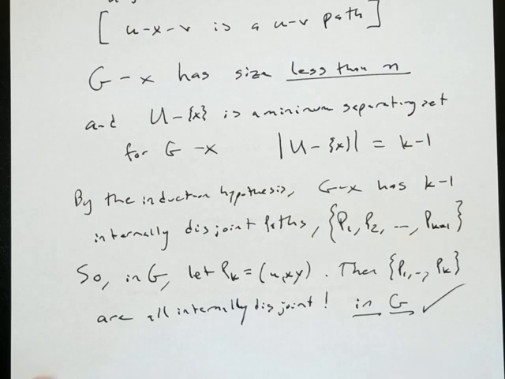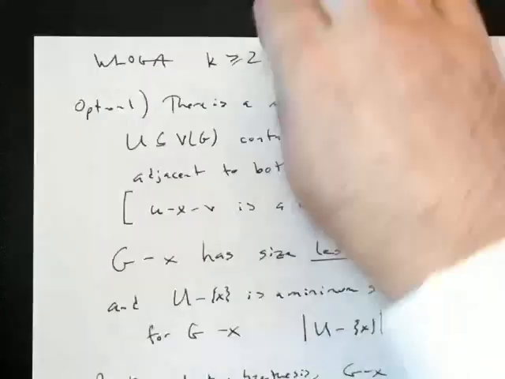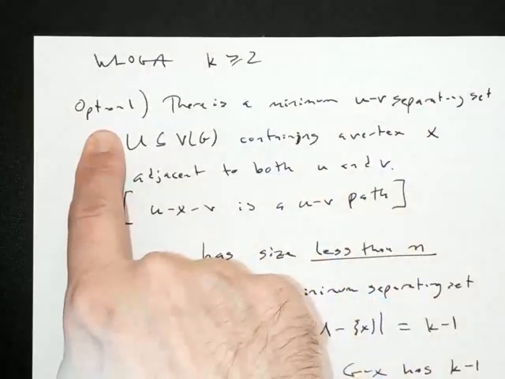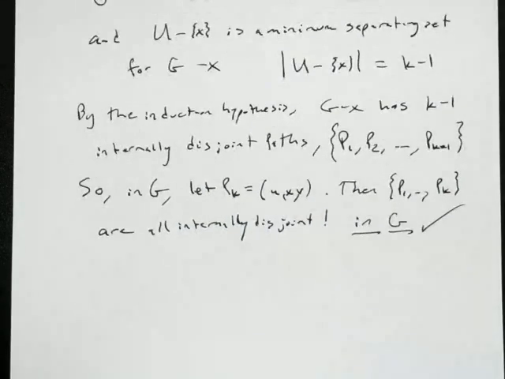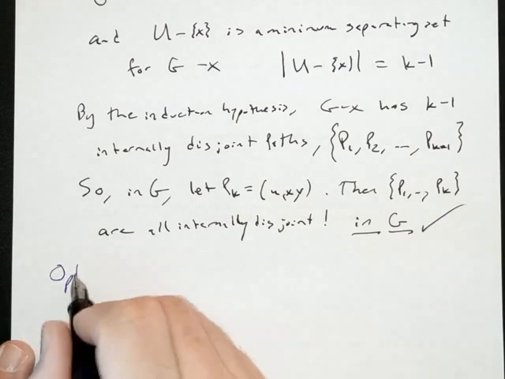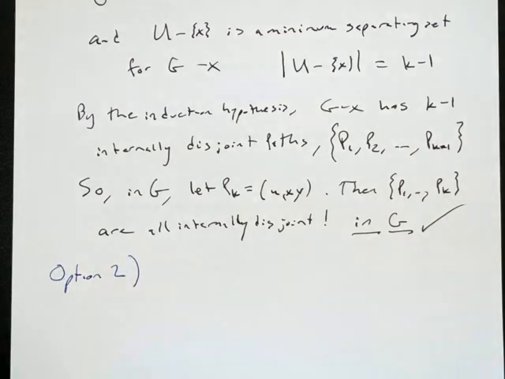But this made an assumption that there was some vertex X that was adjacent to both U and V. What if there isn't? Well, then I have some further refinements.